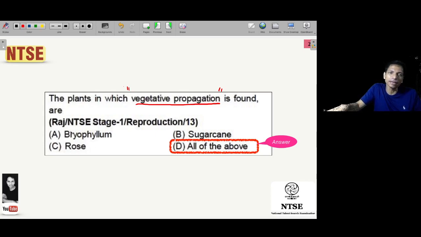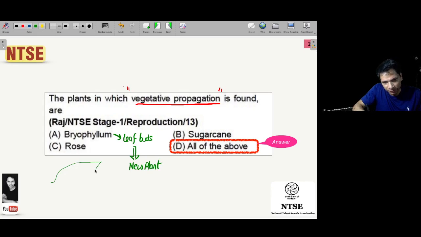Bryophyllum has leaf buds, and they give rise to new plants. You have these buds growing on the edge of the leaf, and these leaf buds fall on the ground, and then new plants emerge from there.